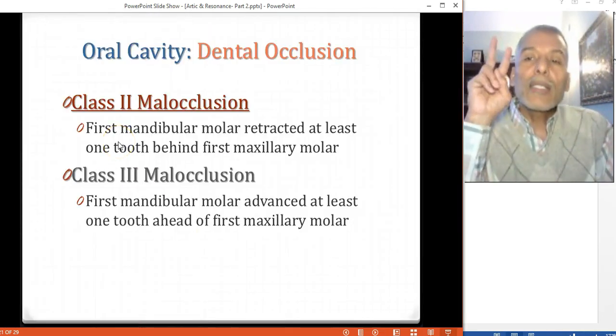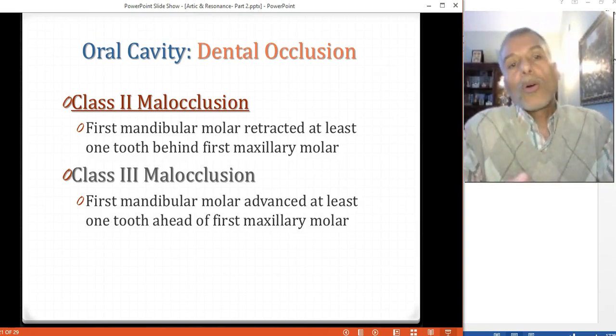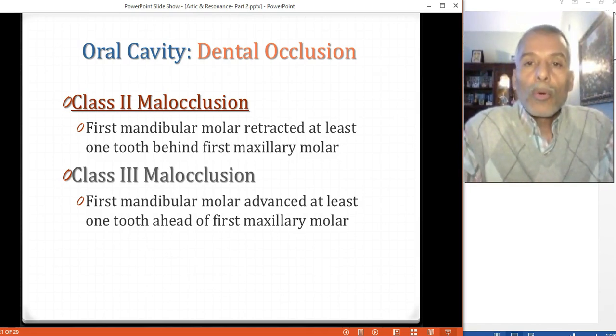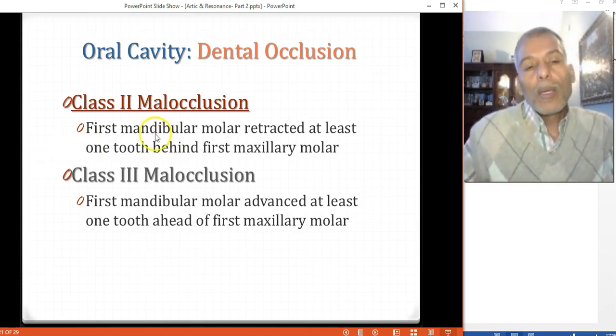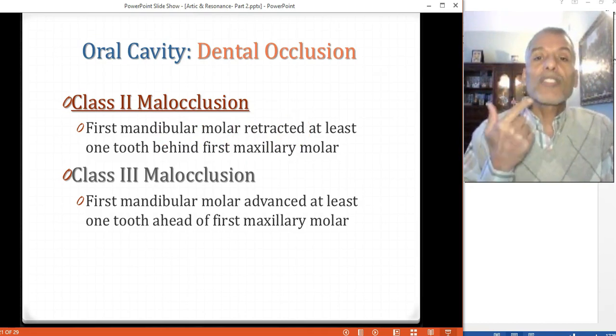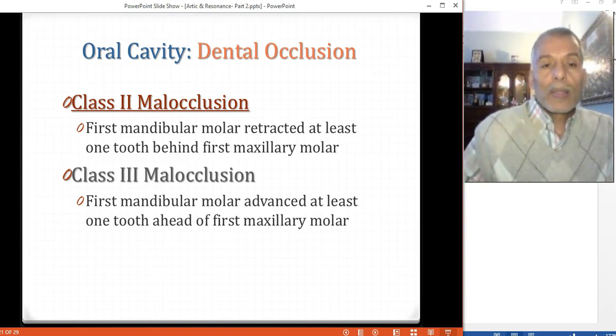Then class 2 and class 3 are malocclusion, which means that's not normal. So the class 2 malocclusion is called also distocclusion. In here, you have the first mandibular molar again, retracted, going back, retracted at least one tooth behind the maxillary molar. So let's go back.